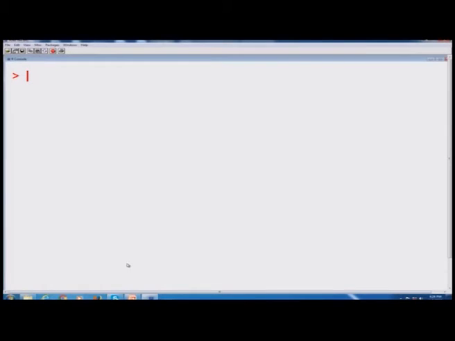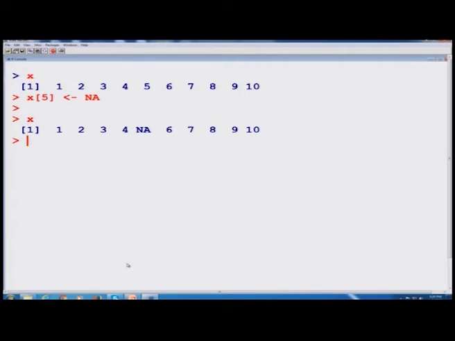Okay. So, if you try to see here, we already had defined x, a sequence from 1 to 10. Now, I am saying that the value at the fifth position should be replaced by, say, an NA. And now you can see what my x is. Now, there is an NA here, whereas earlier it was 5.